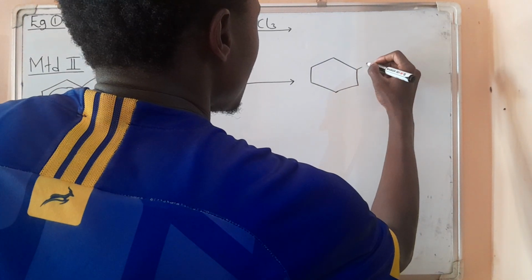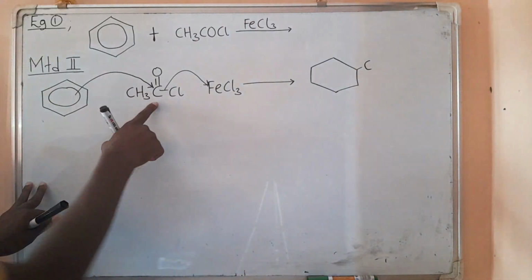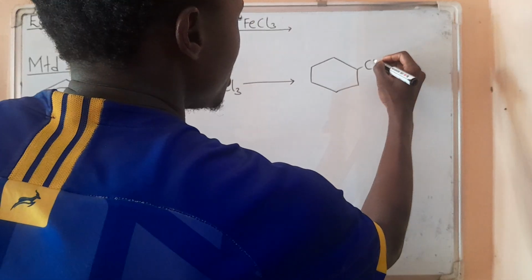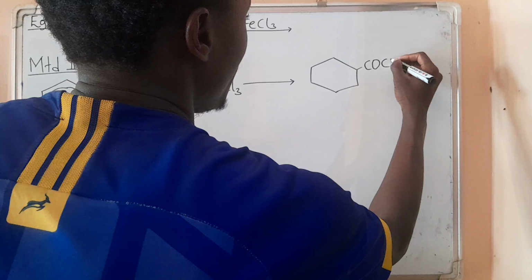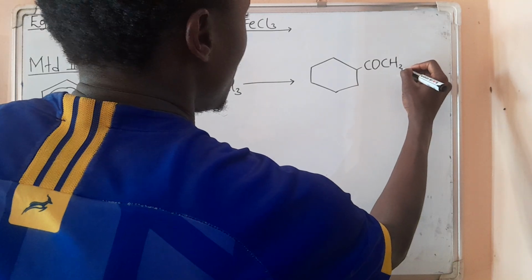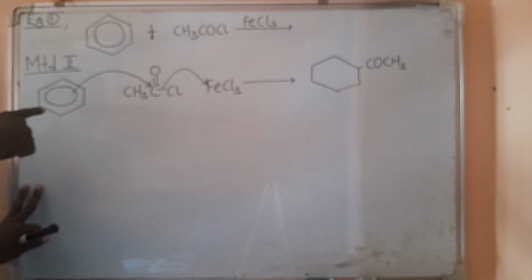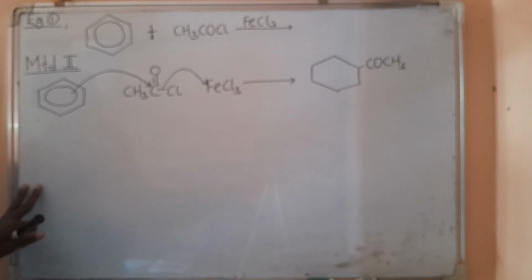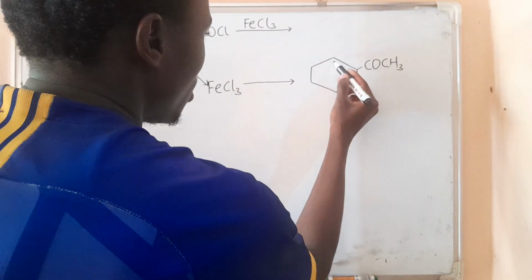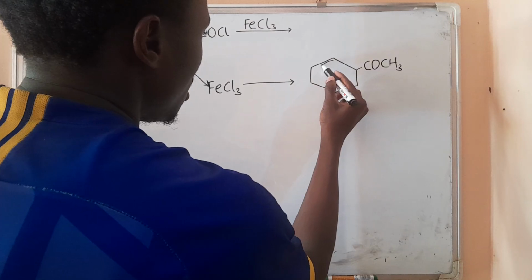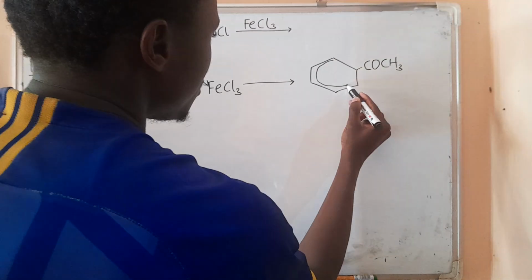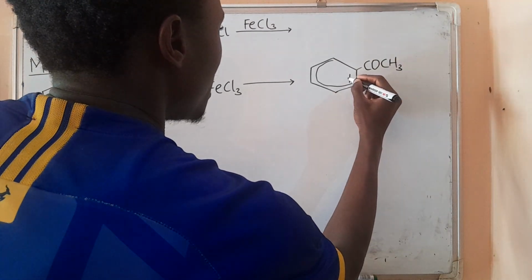It bonds with that carbon atom, which carries oxygen and a methyl group, like that. Now the circle which was showing the localized pi electrons within the benzene ring is broken. So we shall have a circle of this form with a plus there.